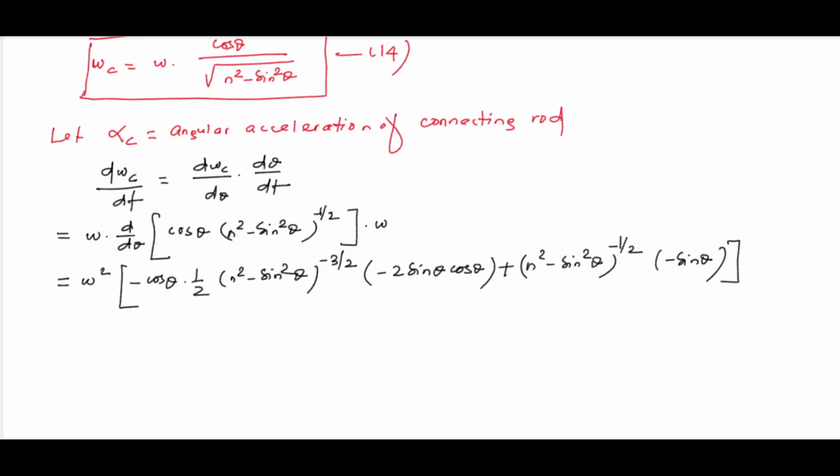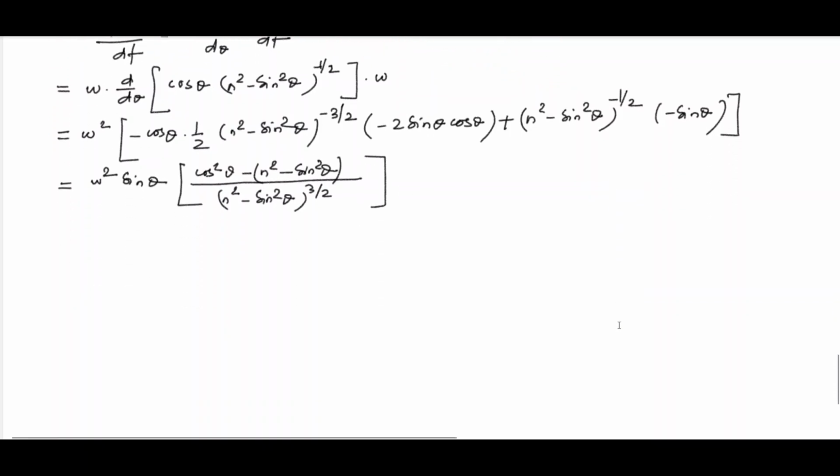So upon simplification we can write this as omega square, bring sin theta out, so we'll have cos square theta minus n square minus sin square theta, okay, divided by n square minus sin square theta to the power 3 by 2.